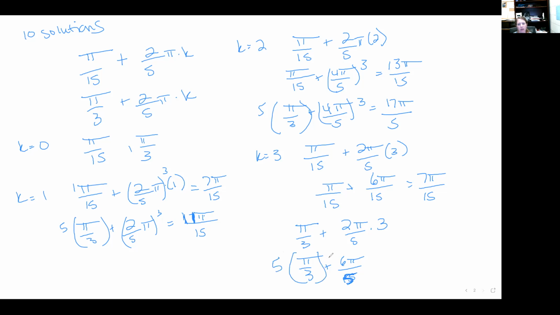Multiply this by 5, multiply this by 3. It's going to be 5 pi over 15 plus 18 pi over 15, which is 23 pi over 15.